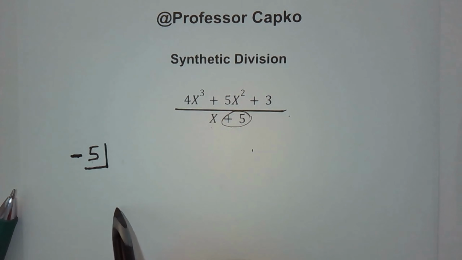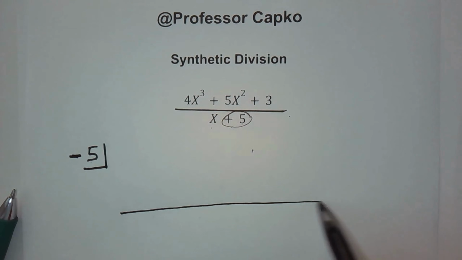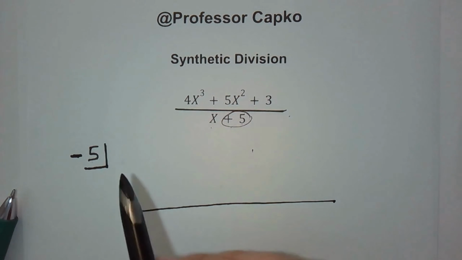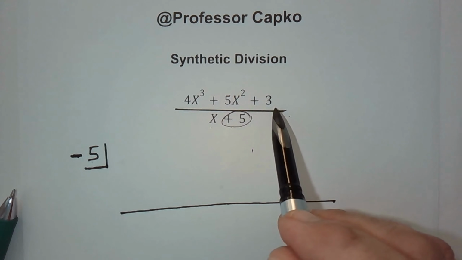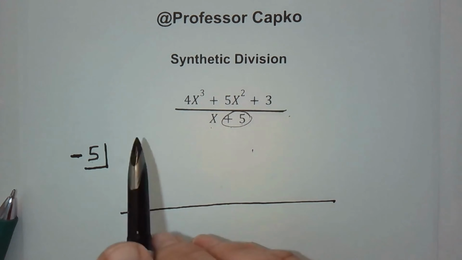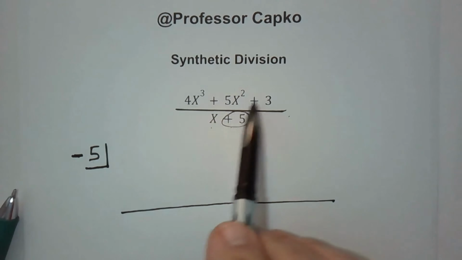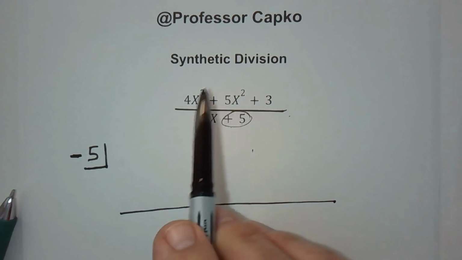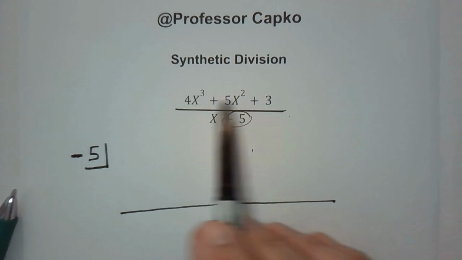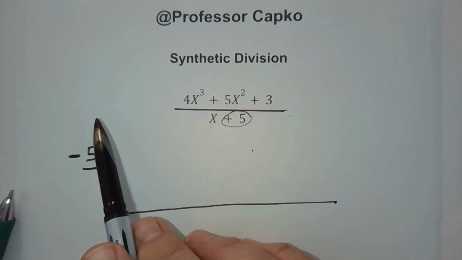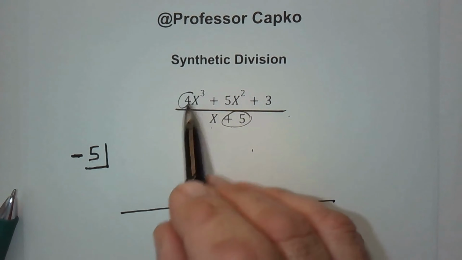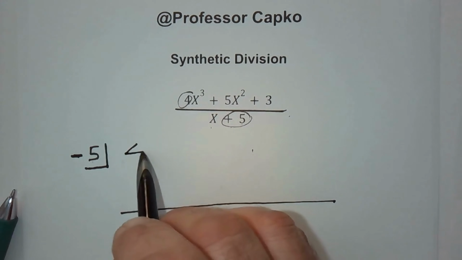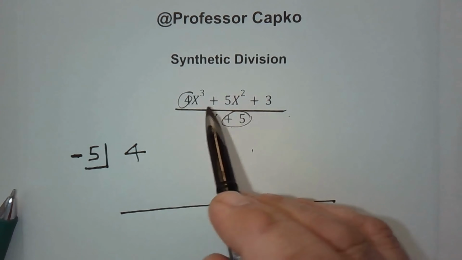The next step is I'm going to draw a line down here, and then I'm going to copy over the coefficients and the constant, leaving the variables alone. We don't need the variables because we're going to have them in order. We have the variables in order of their powers, having the highest power to the left and the constant to the right. So the first one is a 4, so I copy that there.